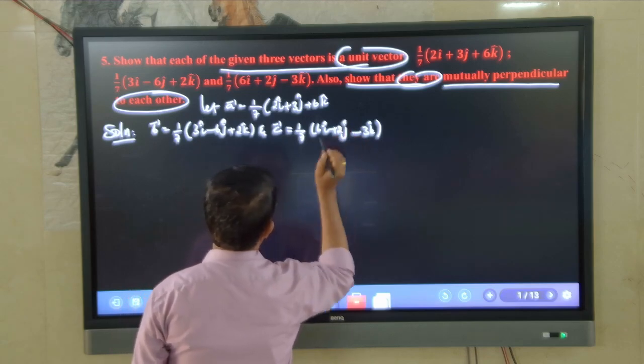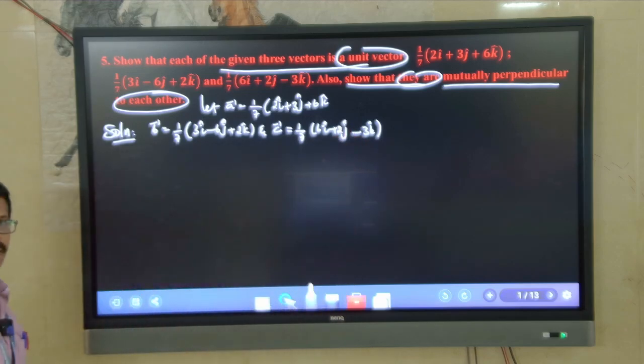First, to check whether it is a unit vector or not.